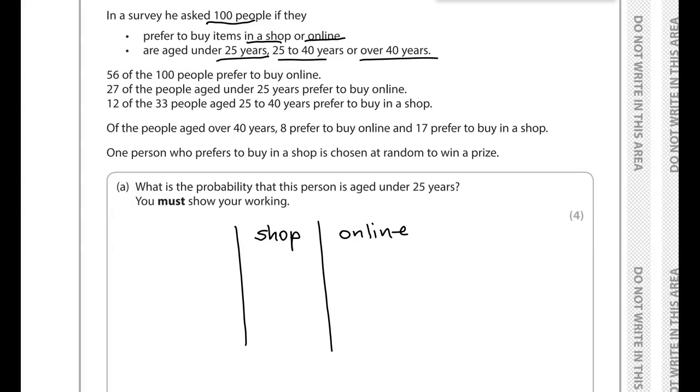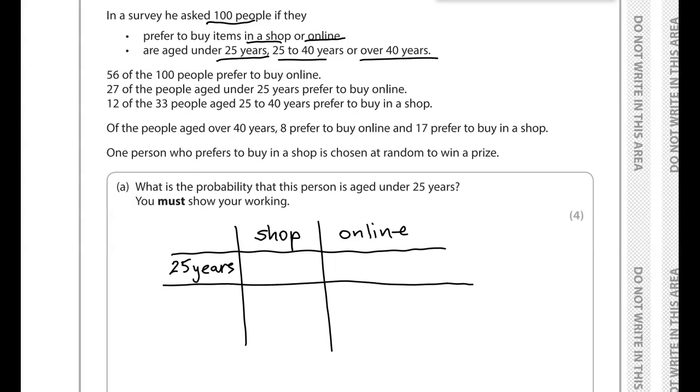So under 25 years, we've got 25 to 40, and we've got over 40.